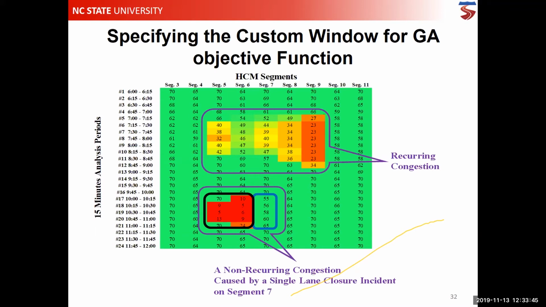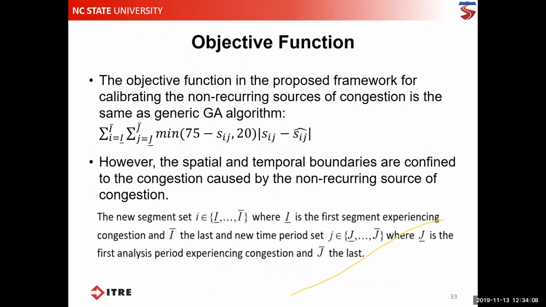And also for the objective function, only looking at the congestion that is created by that incident, which is shown by a black box here. We don't want to include the rest of this time and space domain and what is happening in this freeway in our optimization model to get the impact of incidents in terms of capacity.